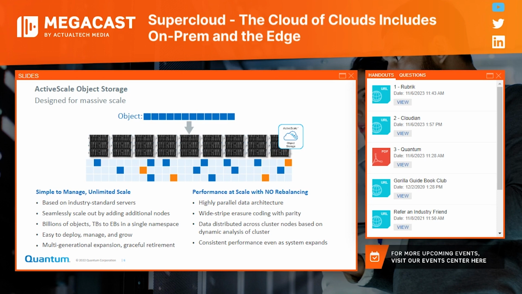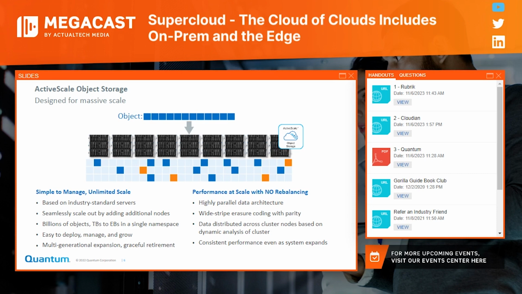In contrast to other object stores that have a static data layout, they have challenges when they want to upgrade the system in the field to add additional resources or expand over time. And this can cause real challenges because of the rebalancing of data and resources that's required in this production system that can be very disruptive to the customer environment when you're doing that.